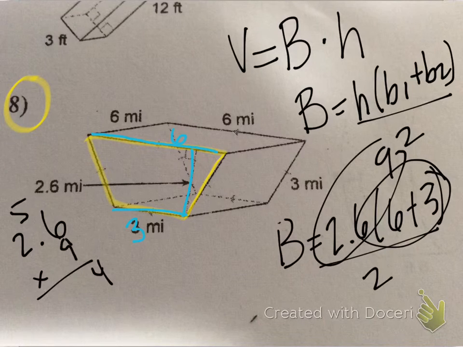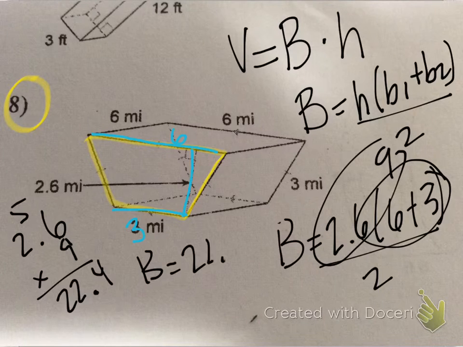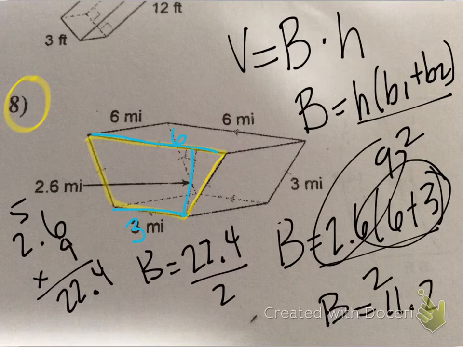It's 54, that's 18. 22.4, so that's 22.4 divided by 2, which I believe is 11.2. So the area of the base is 11.2.